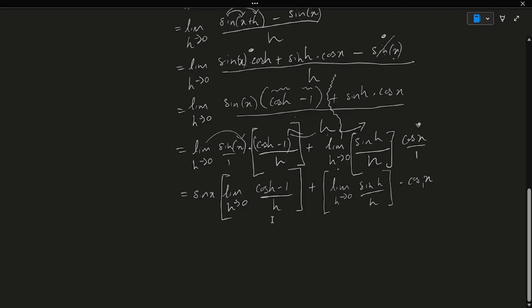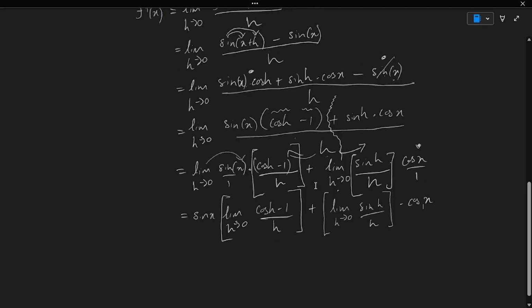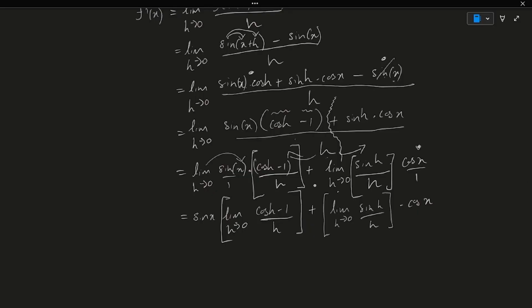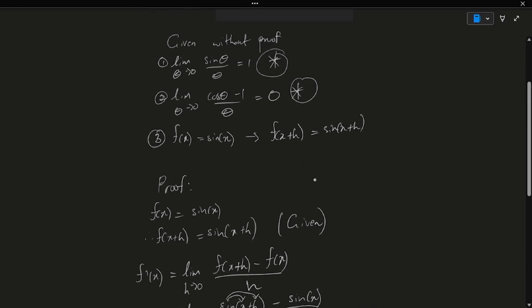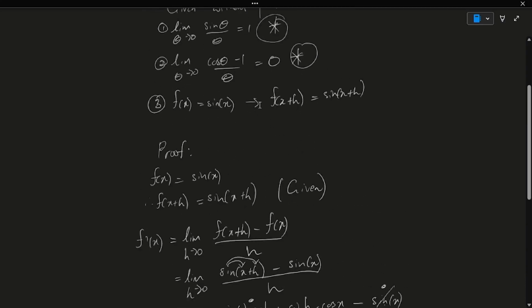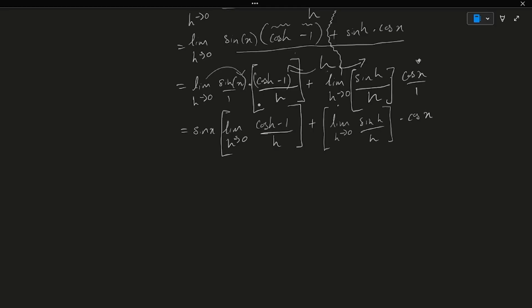So now, using our givens, the limit as h approaches 0 of cos of h minus 1 divided by h is the same as 0 because we just replaced the theta with h. So this we can replace with the 0, right? So if this is 0, 0 multiplied by anything here will result in a 0.